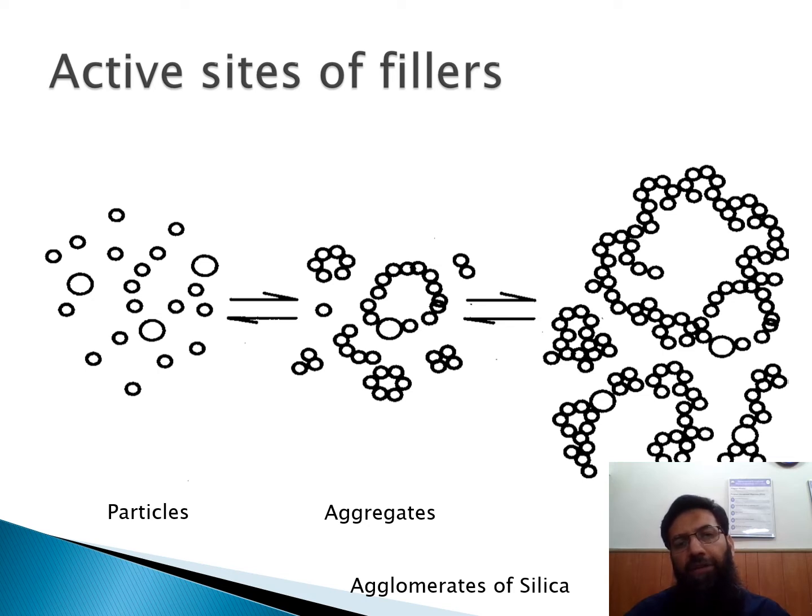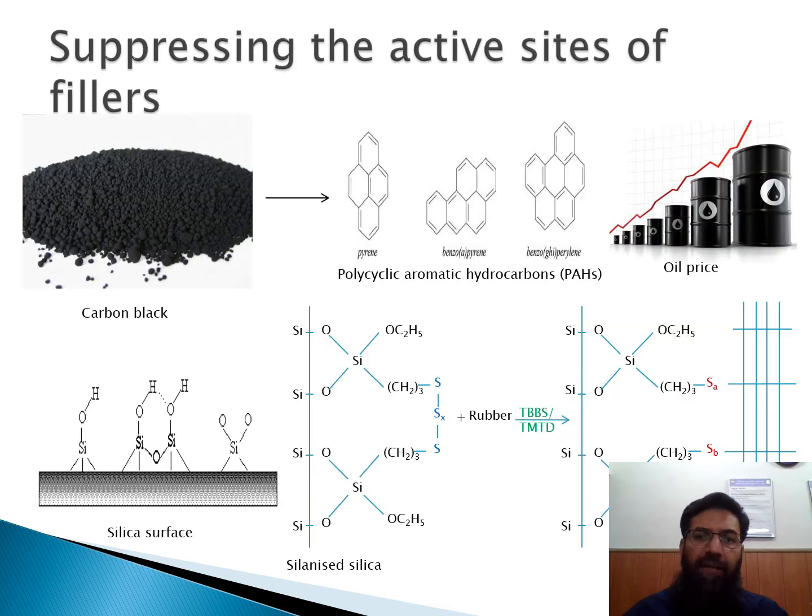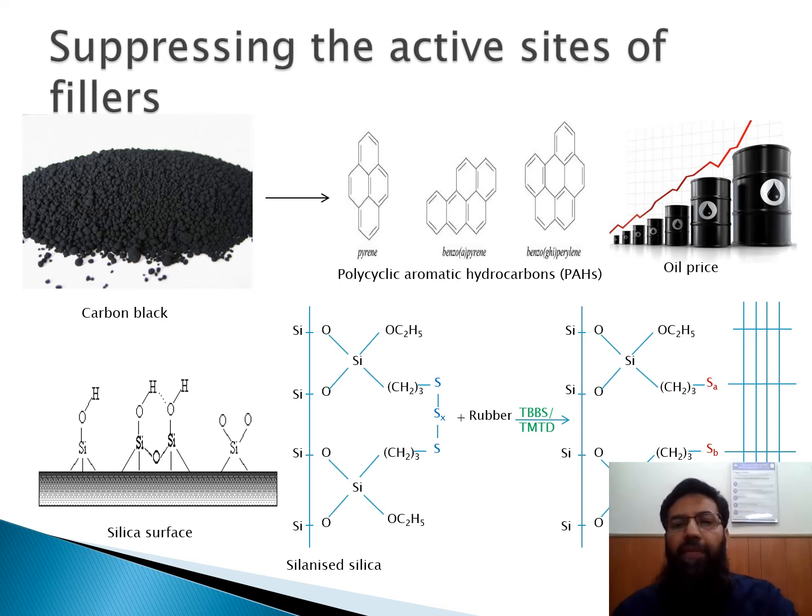So unless we remove or overcome these active sites, we can't get better reinforcement in silica. To have better interaction in silica compounds, we have to treat the surface of silica with different chemicals, mainly different types of silanes.